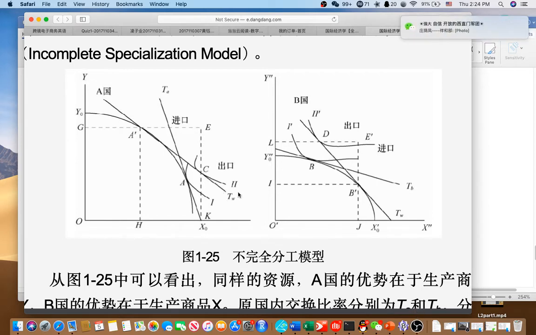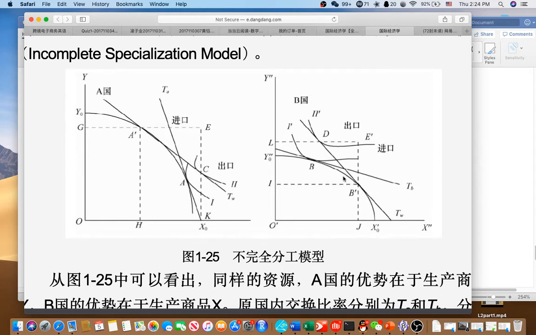It becomes less steep, and this can be measured by this: export Y. Y is exports, the difference between G and C, and import X from country B, measured by the difference between E and A prime. The IC curve shifts outwards, and welfare is better off.